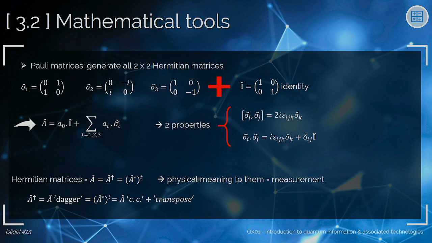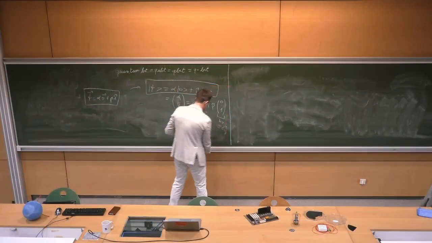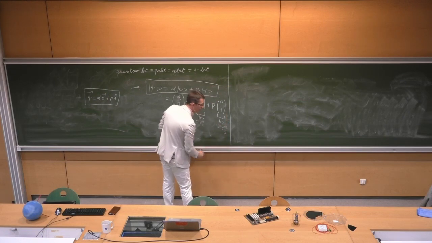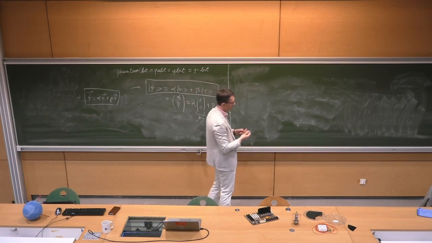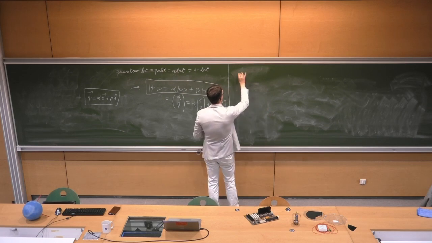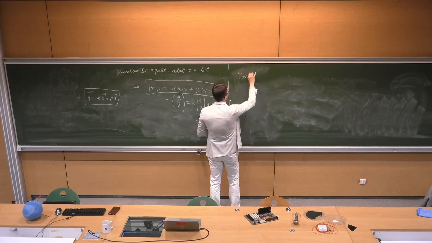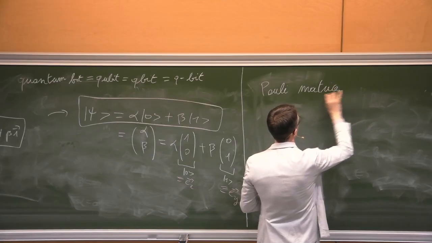And with these matrices, as we will see, those are actually standard quantum gates, 1 qubit quantum gates that can be used for quantum bits. Okay? And why are those interesting? So these are the Pauli matrices.